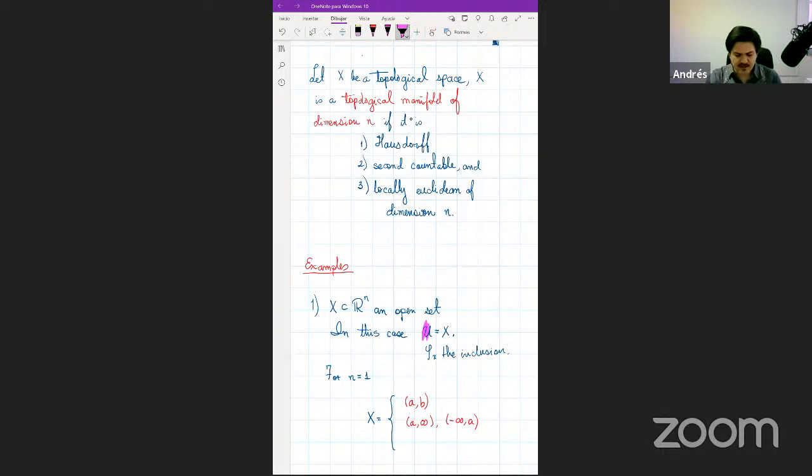Now, is this homeomorphic to this one? I'm missing another one. R1 is also.